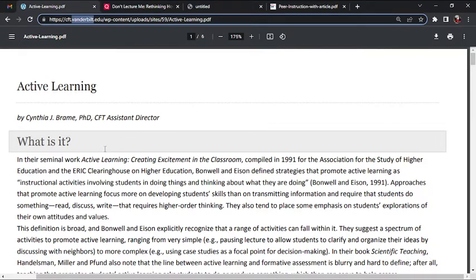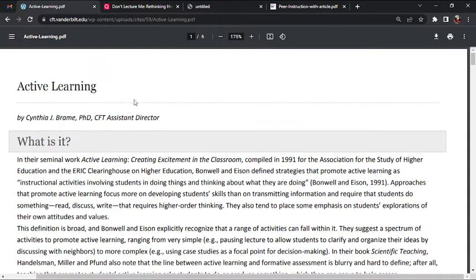What is active learning? This is Vanderbilt.edu. There is an article on active learning by Cynthia J. Brem, PhD, CFT, Assistant Director.